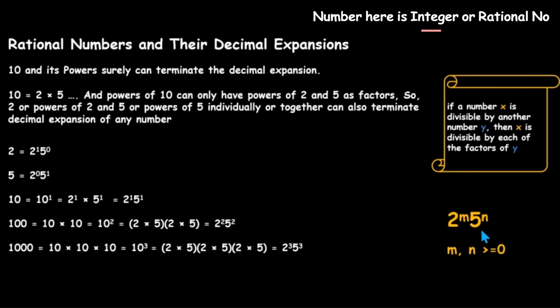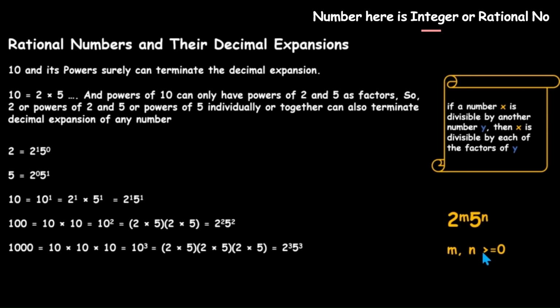So let's see a few important points of this form. m and n can be equal, or they need not be equal as well. It should be in the form of some powers of 2 and some powers of 5. And the important point is that m and n should be greater than or equal to 0.